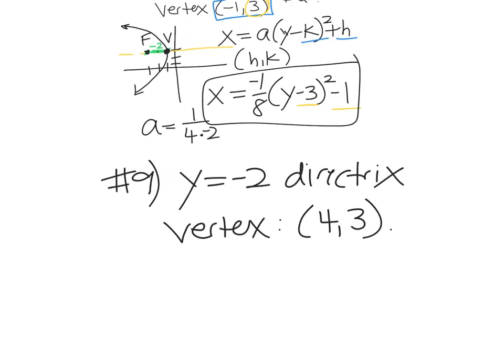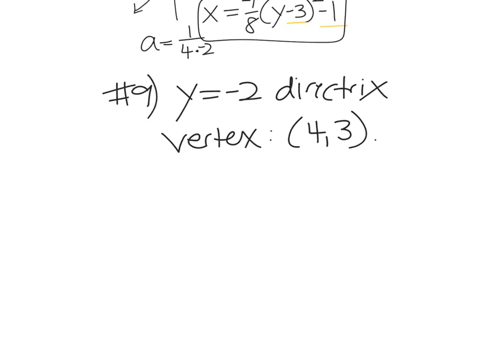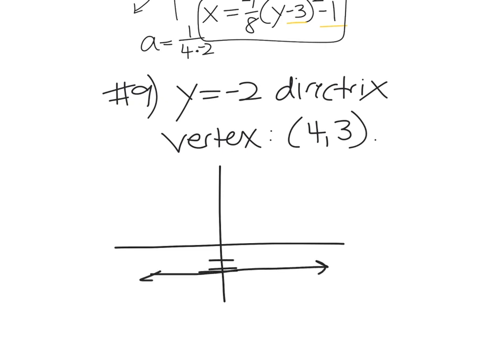So let's find out which direction this is going, and there's clues too. If you see y equals a horizontal line like that, you know that it's going to be opening up or down. So y equals negative 2 is my directrix, okay? And my vertex is at 1, 2, 3, 4, 3. So this parabola is opening up.